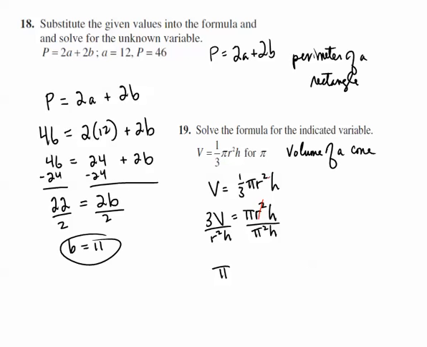That should be divide both sides by r squared h. And when you do that, the r squareds cancel, the h's cancel, and we're left with pi is equal to 3V over r squared h. And so that is our answer for number 19.